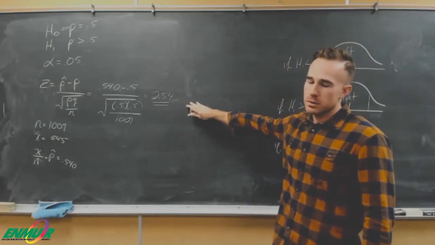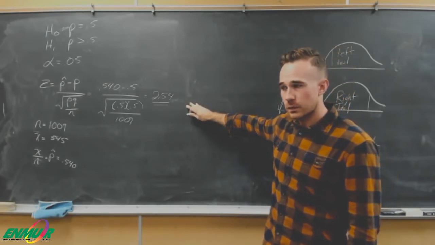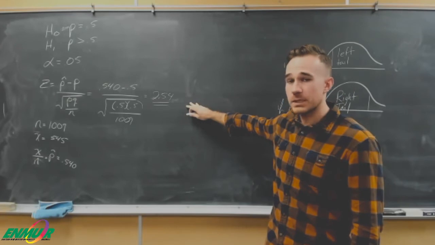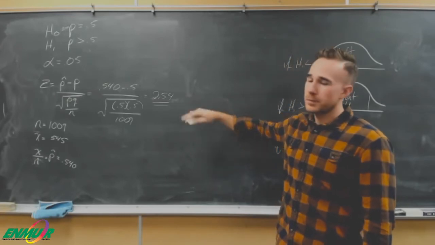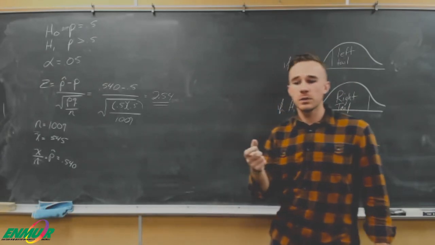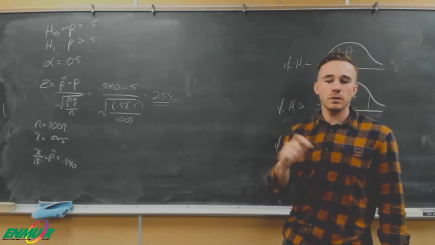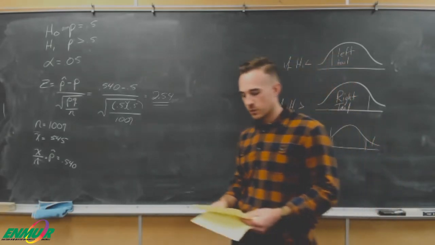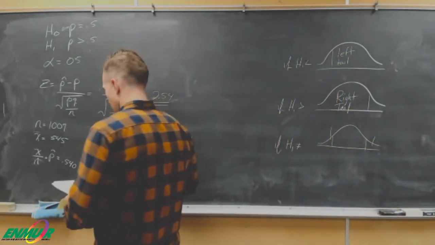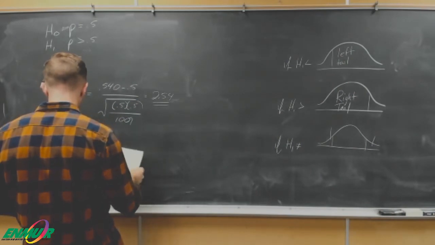Z being 2.54 is on the right side of my distribution. But we want to be able to double check that, because sometimes there may be cases where they're really close, and if they're really close and it's on the wrong side, then it's going to push me to reject it, and I don't want to reject it. So get back over here where I'm at.